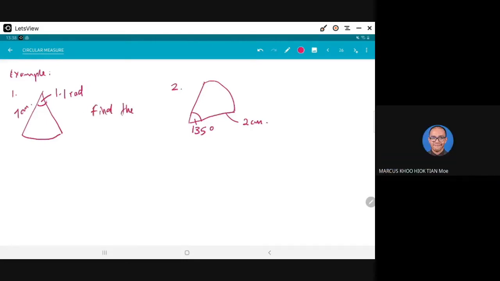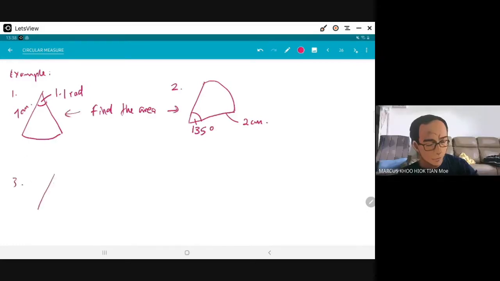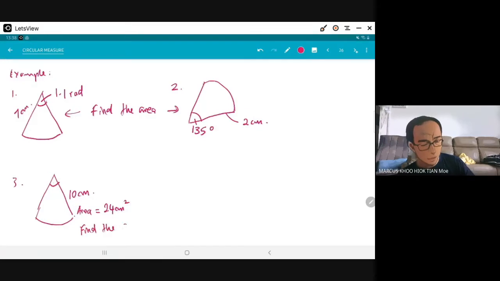Find the area. The third question is, I am giving you this weird looking thing again. This one is 10 cm and the area is 24 cm squared. This question will be find the angle, in radian.